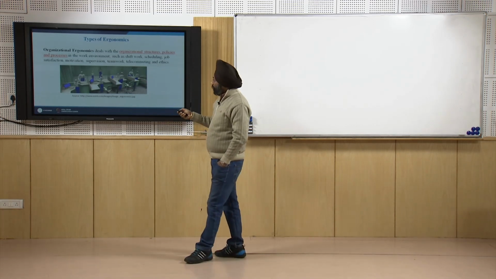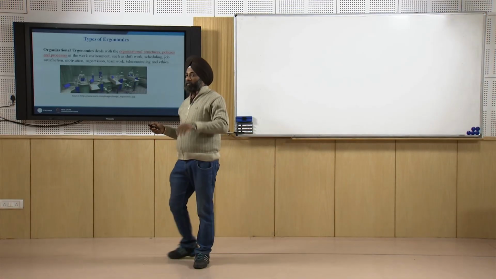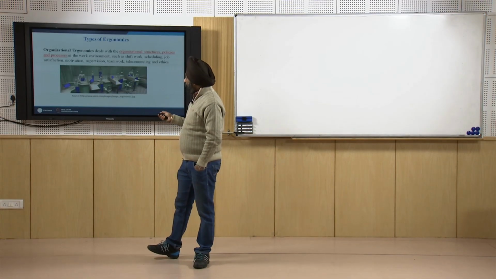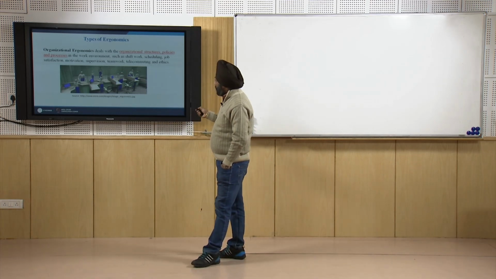So organizational ergonomics would help us in deciding the work, scheduling, job satisfaction, motivation, supervision, teamwork, telecommuting and ethics. The principles of ergonomics will help us to monitor, control, design or develop procedures and processes related to all these aspects.